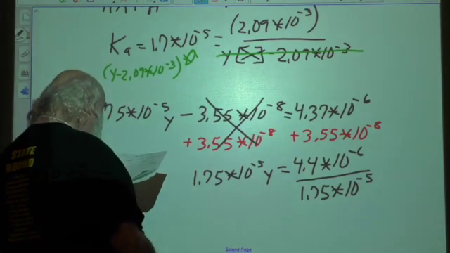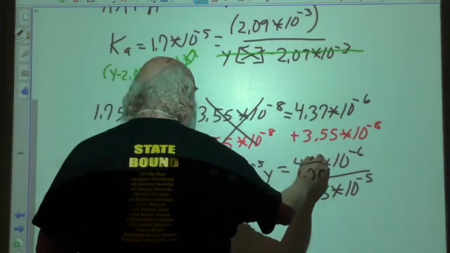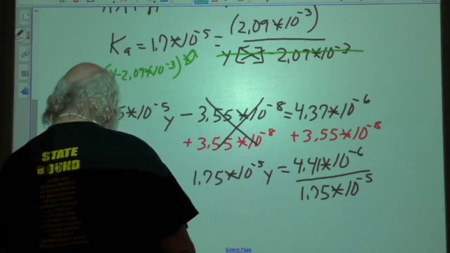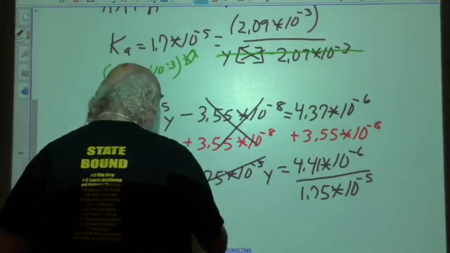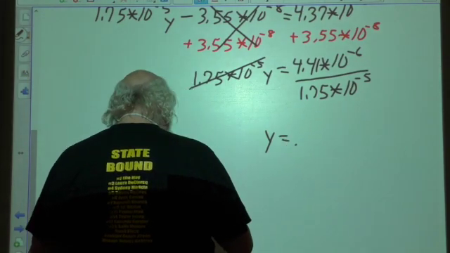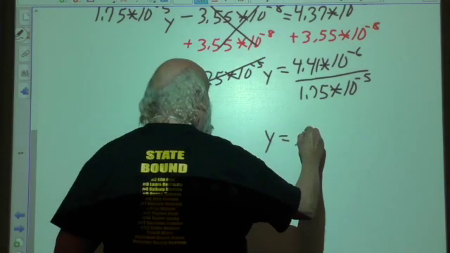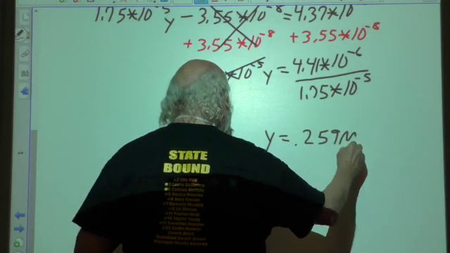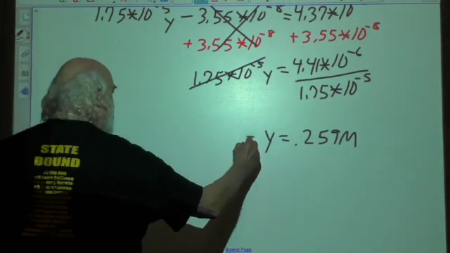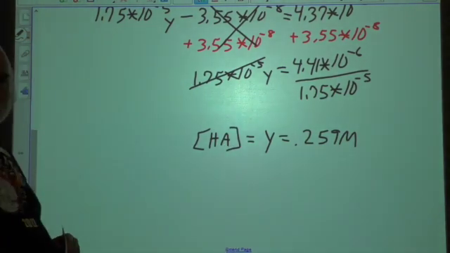Why does that sound like it's not working out right? 4.41 times 10 to the negative 6. Oh, yeah, that's right. Never mind. And Y then becomes points. And what is the point here? 259 moles per liter. So the original concentration of acetic acid is 0.259. Okay?